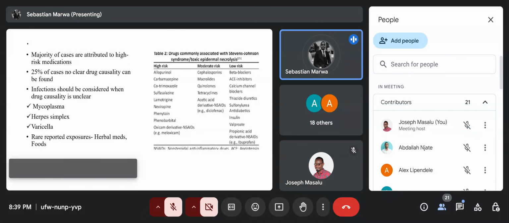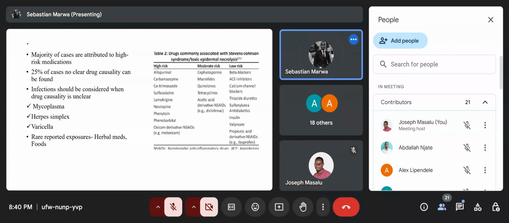So in circumstances when you fail to pinpoint a drug as the cause, infection should be considered. High on the list, the one which has been heavily mentioned, is mycoplasma infection, and also viral infections such as herpes simplex and varicella.